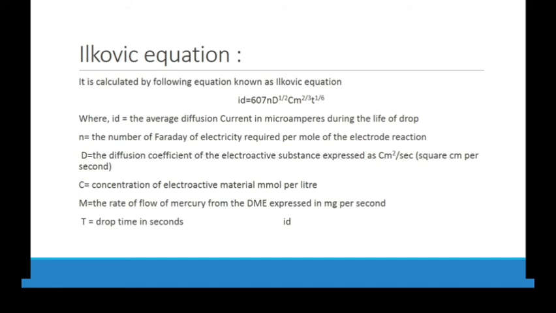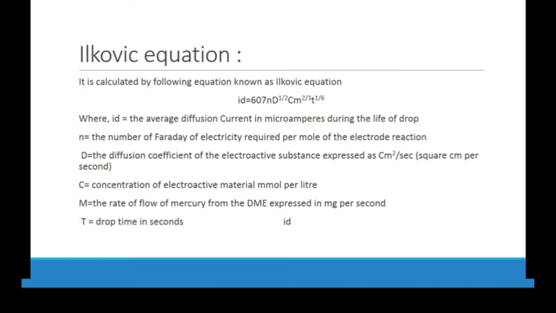So from this equation you can say that ID is directly proportional to concentration. If you know the diffusion current ID from the graph, this current is directly proportional to the concentration. Then you will determine the concentration of your analyte through ID. So it is simple.